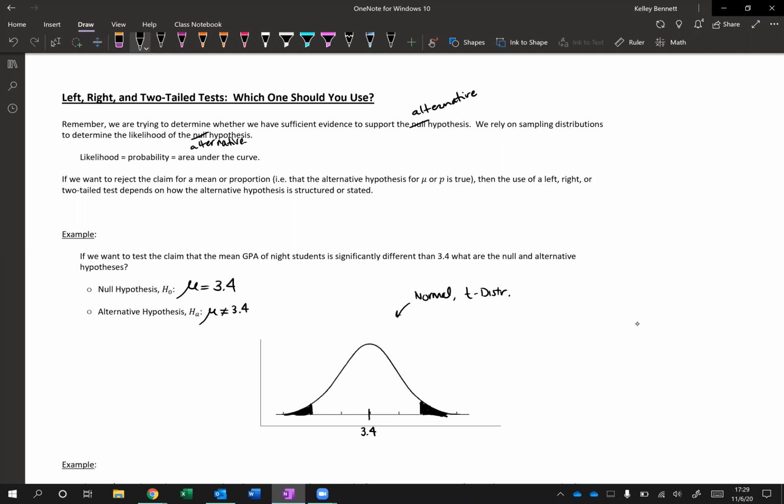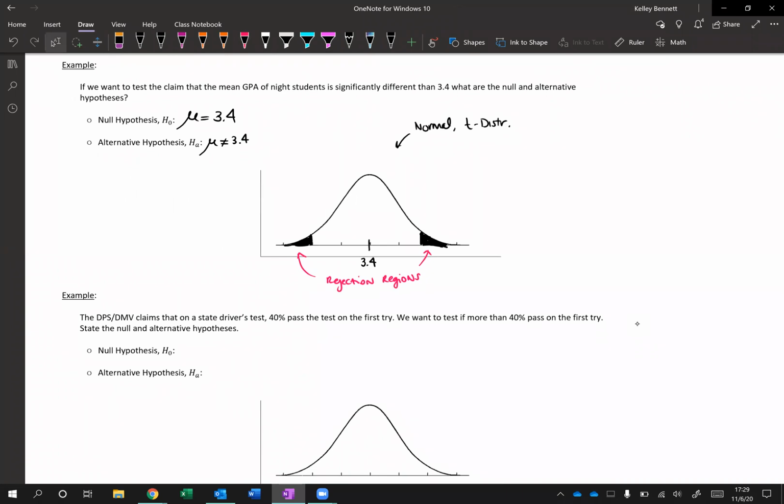But if we're not equal, we want to use a two-tailed test, and we'll see later that these are called rejection regions. We just want to show that it's not equal. I don't care if it's significantly larger or significantly lower. I just want it to be far enough away from 3.4 to be like, no, you were wrong. It's not 3.4. Look, these are unlikely events and it's happening in my sample.